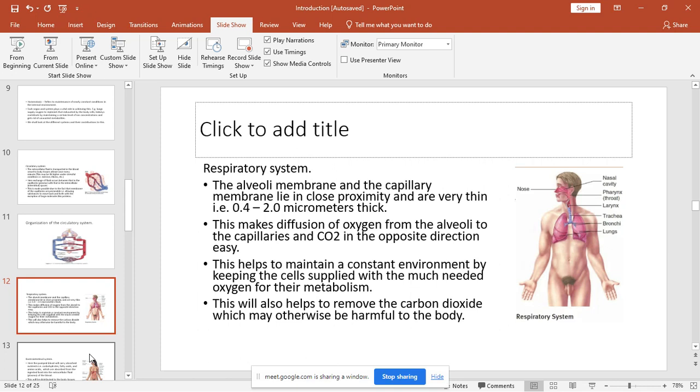We know that if you get too much carbon dioxide in your body, that may not go well with keeping a constant environment because your pH is going to be deranged, and we know that pH is an important factor that helps our enzymes to function optimally.